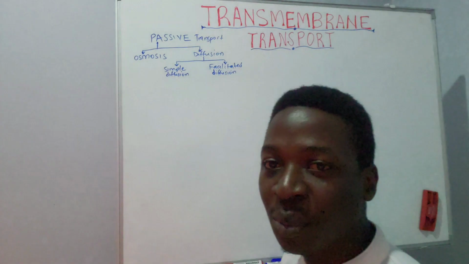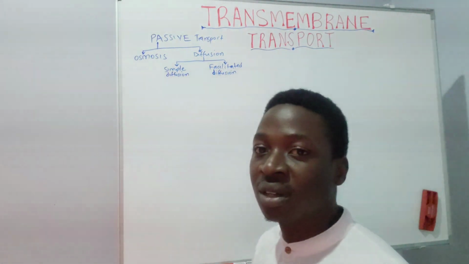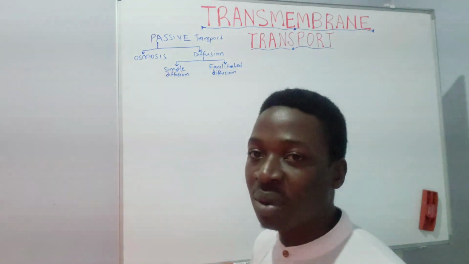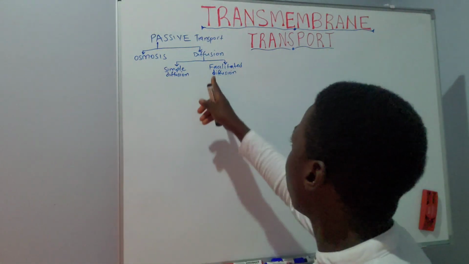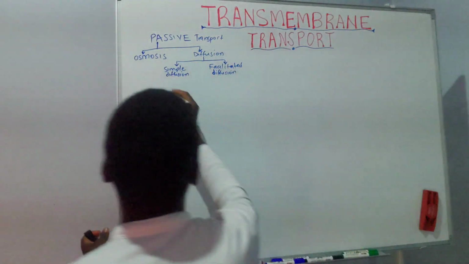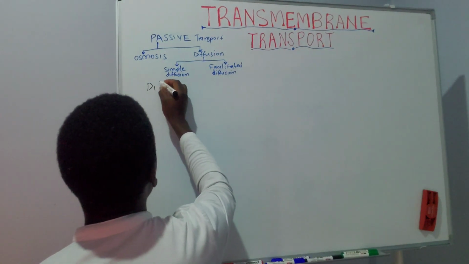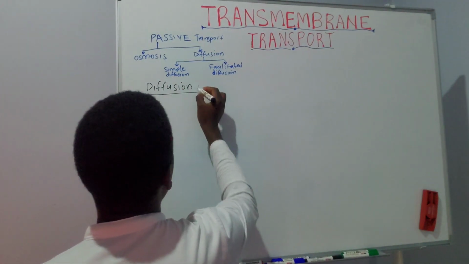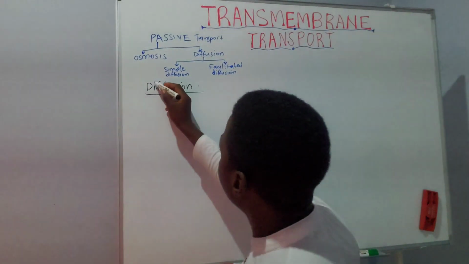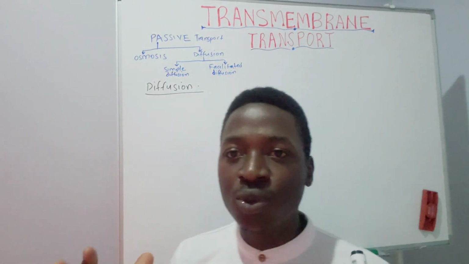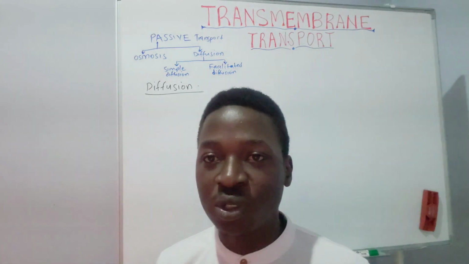An example is water molecules that can easily move across this semi-permeable membrane. So for diffusion, this is where we're going to spend much more time. So under diffusion, one thing you should remember, molecules are usually under a kinetic motion.